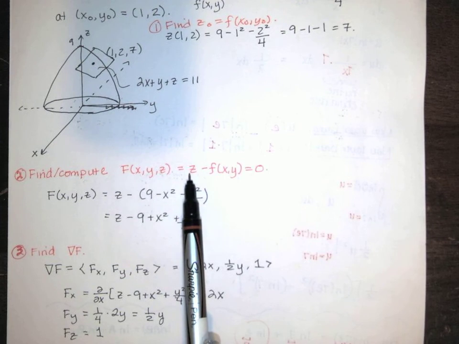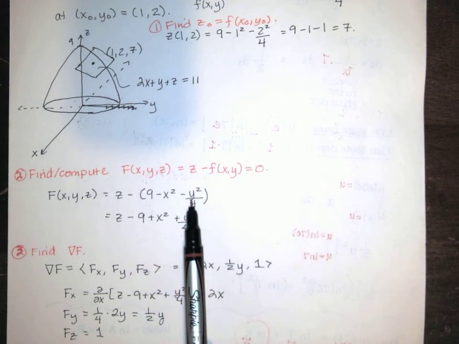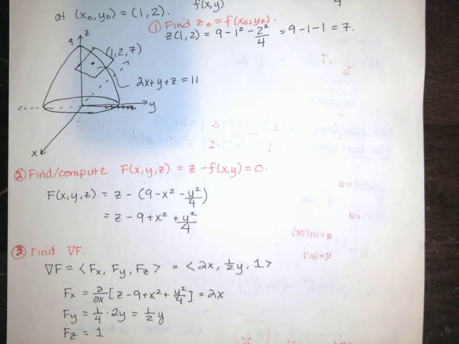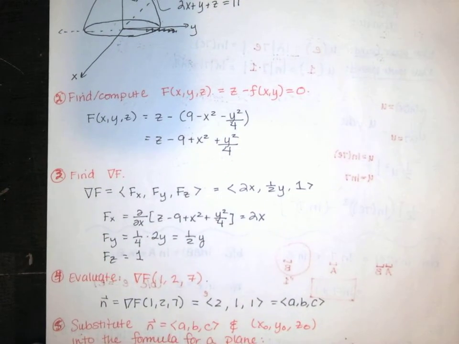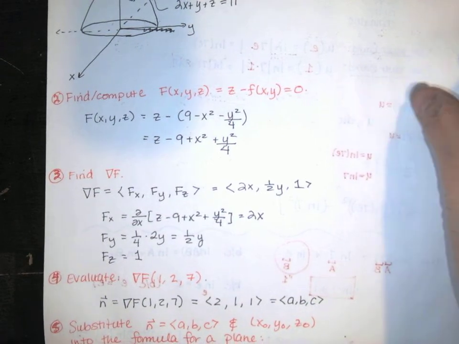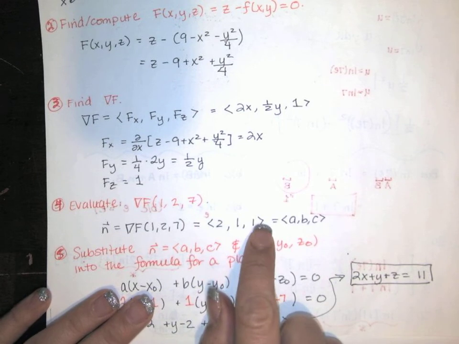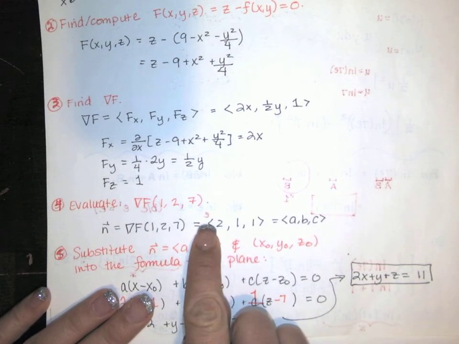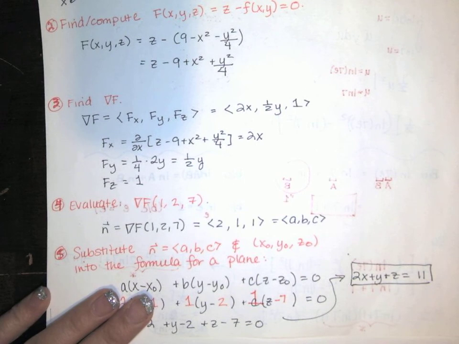So I take z and I subtract the right-hand side of the equation defining the surface, and I distribute. Then I find the gradient of that function, and then I evaluate it at the point. That's a normal vector to the surface. If we didn't like fractions, or if it was just ugly for some reason, maybe it's negative for our a value and you want it to be positive, you can multiply this by any constant you want, and it's still going to be normal to the surface.